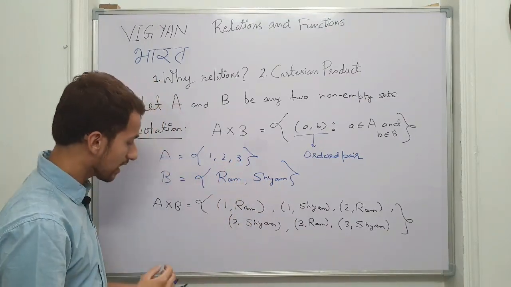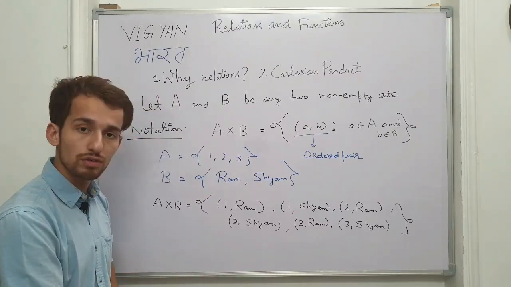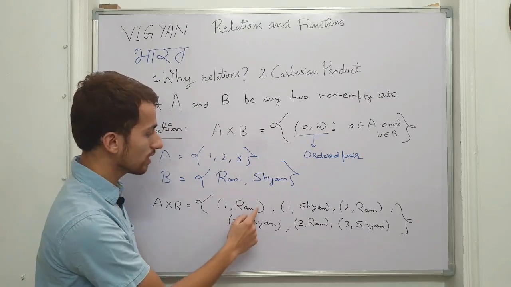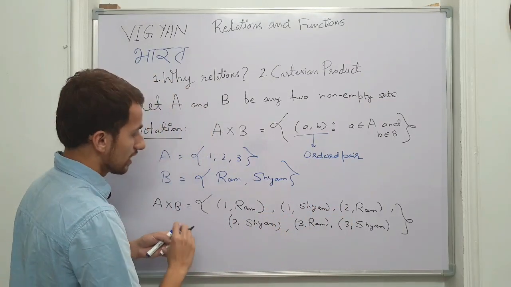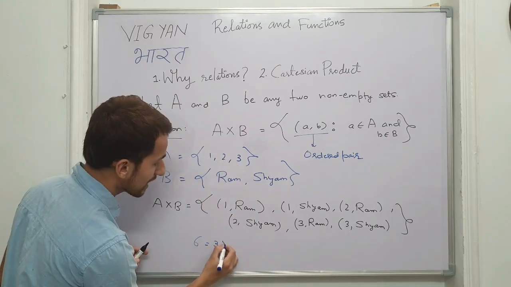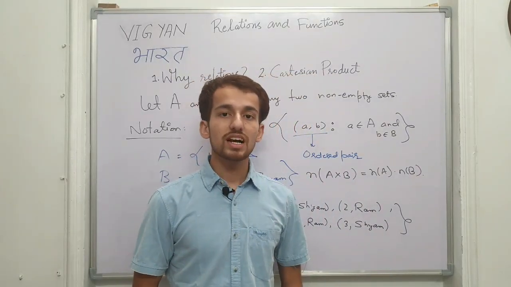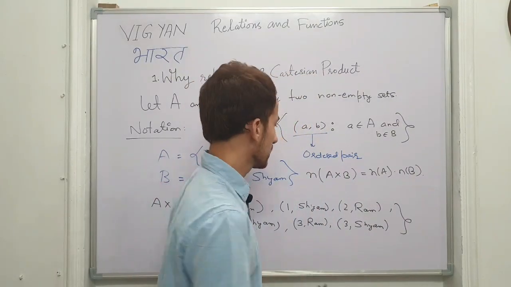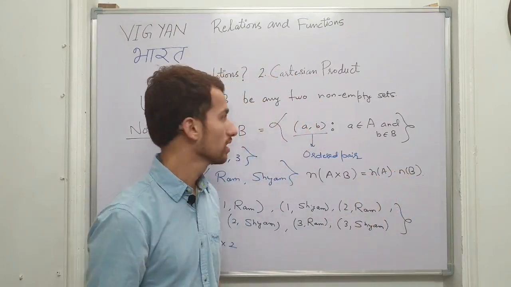Counting the elements in A cross B, there are 6 ordered pairs: 1, 2, 3, 4, 5, 6, which is nothing but 3 times 2. So the number of elements in the Cartesian product is given by n(A cross B) equals n(A) times n(B).